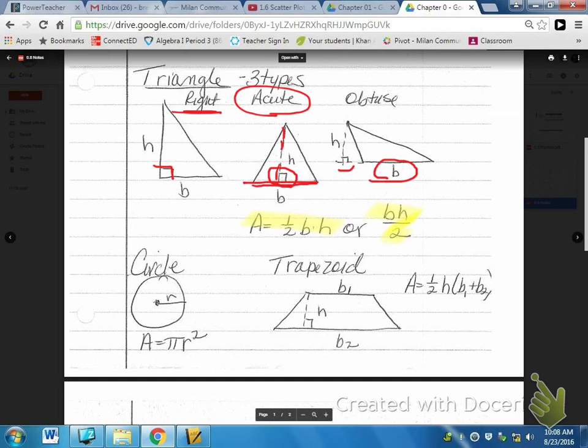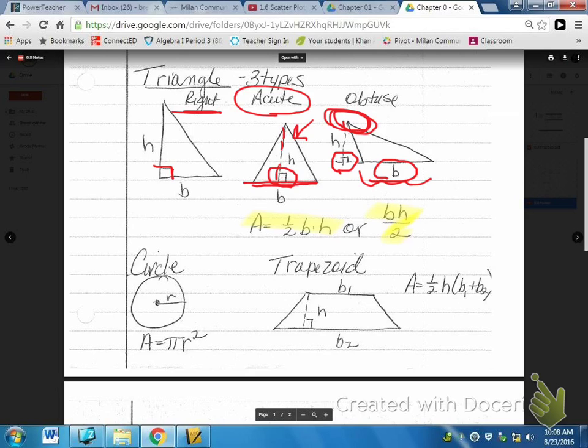You're still always looking for that right angle, and that determines the height. So the height is from the opposite vertex, a perpendicular drawn to the base. Well, that's true, but there's no way that you could drop a perpendicular from this point up here and hit that side of the base.